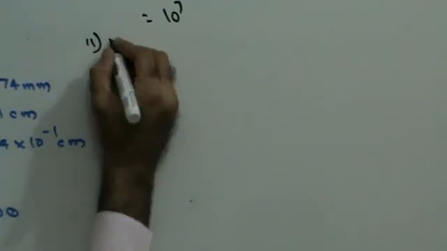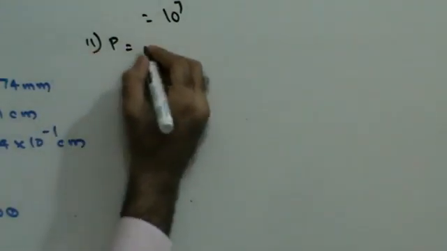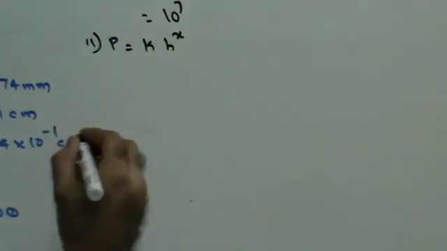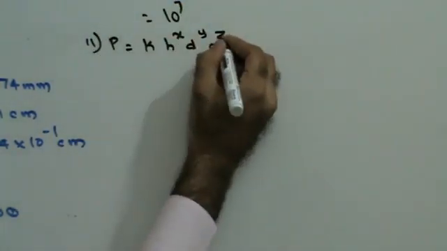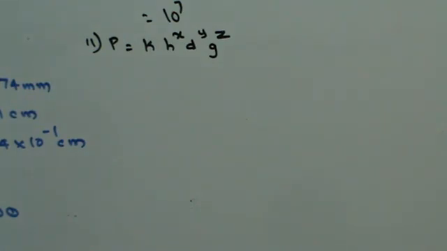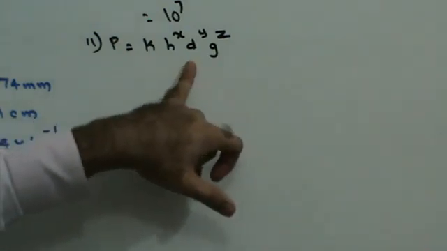The hydrostatic pressure is given by the formula P is equal to K times H raised to X, D raised to Y and G raised to Z. Find the value of X, Y and Z. The hydrostatic pressure P is given by this formula.